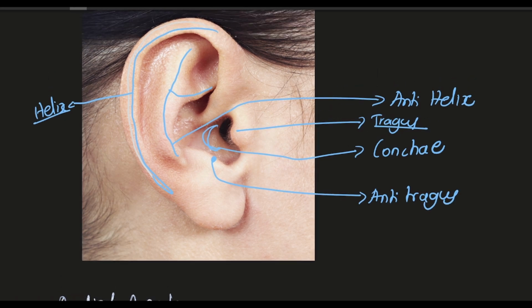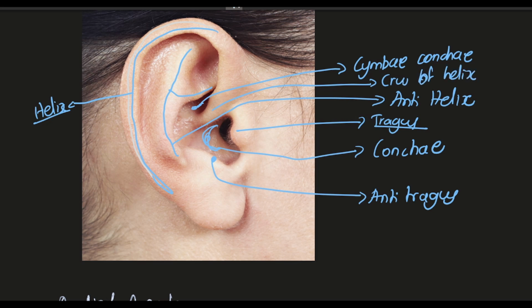Now you are seeing the depression here. This is called the cymba concha, and the cymba concha and the concha are separated by the crus of helix.